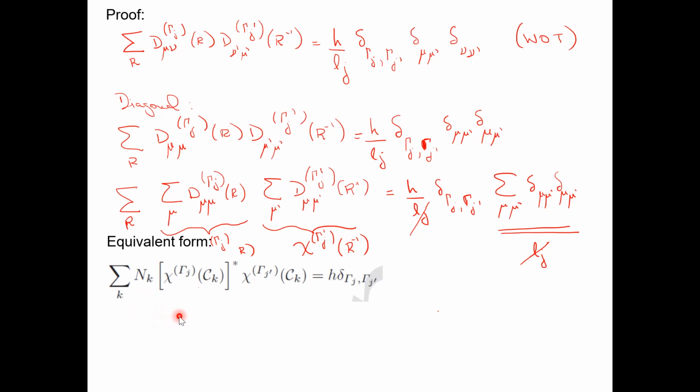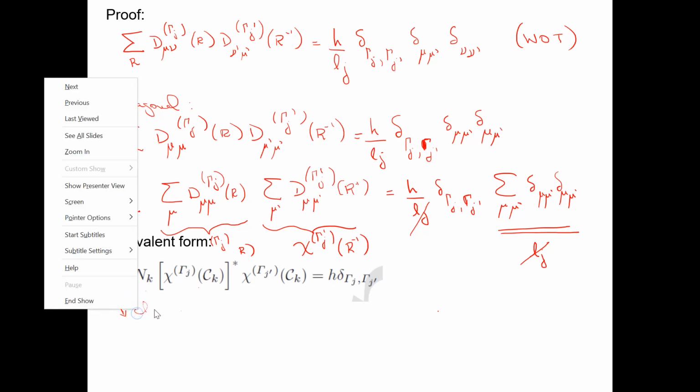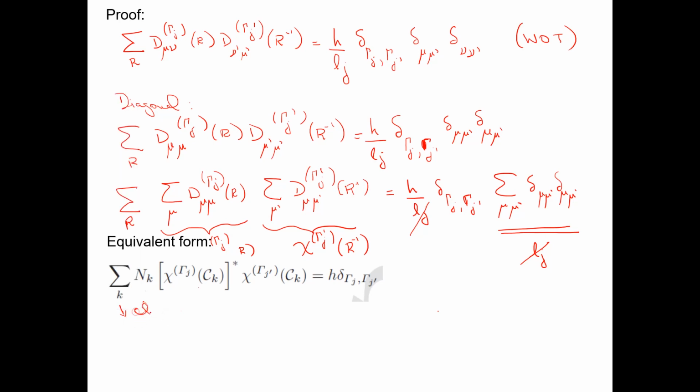So I can write the orthogonality theorem in a simpler way: instead of summing over group elements, I sum over classes, weighted by the number of group elements in each class. And then I get the same result. Okay?